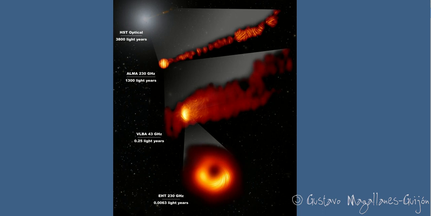M87 is a galaxy, and this galaxy has in the center a supermassive black hole, with an accretion disk around the black hole, a torus, and jets. This object has two jets.